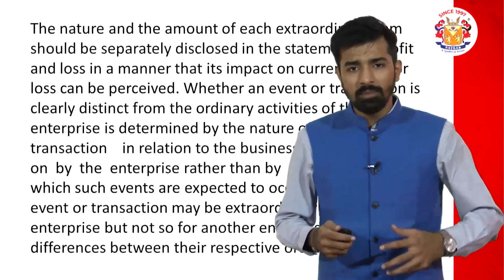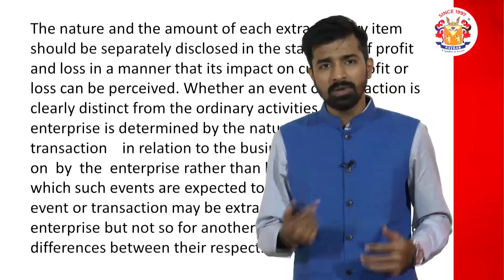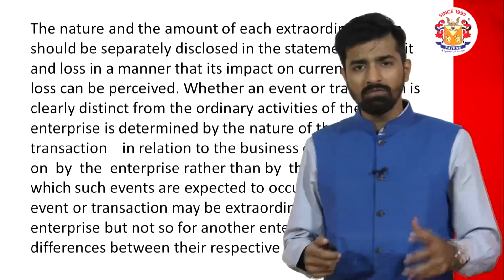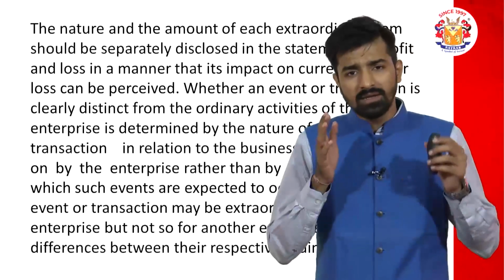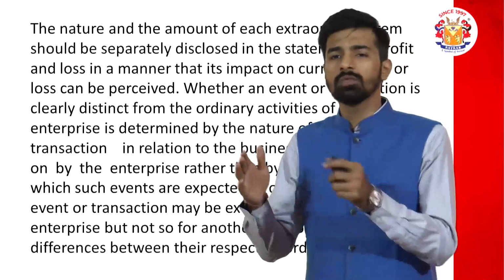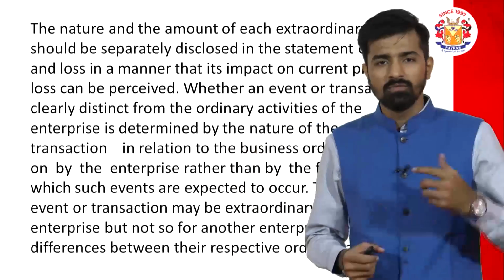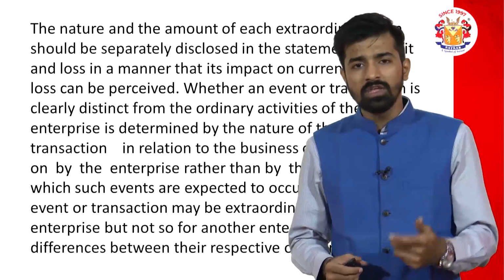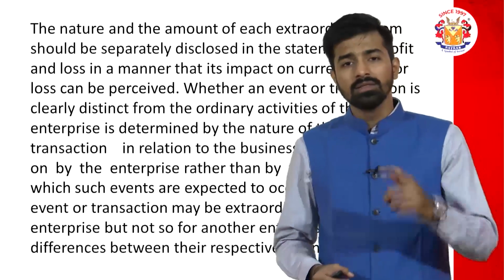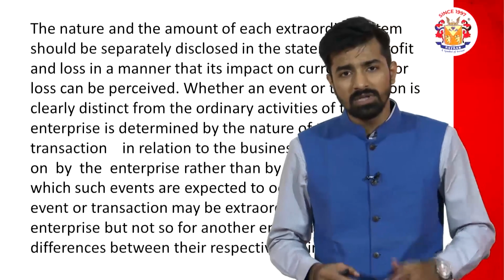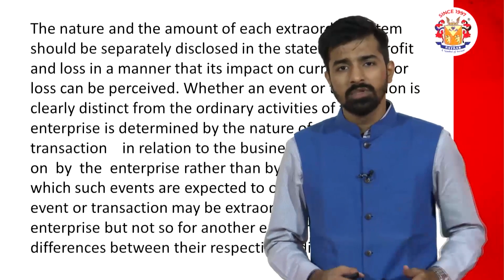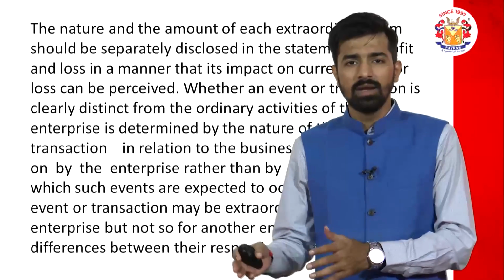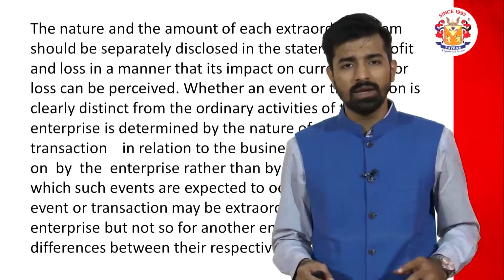So it depends on the enterprise whether an event is clearly distinct from ordinary activities. The first rule is that an extraordinary item should be clearly distinct from ordinary activities, determined by the nature of the activity in relation to the nature of the business. So it depends on the enterprise what extraordinary items can happen.